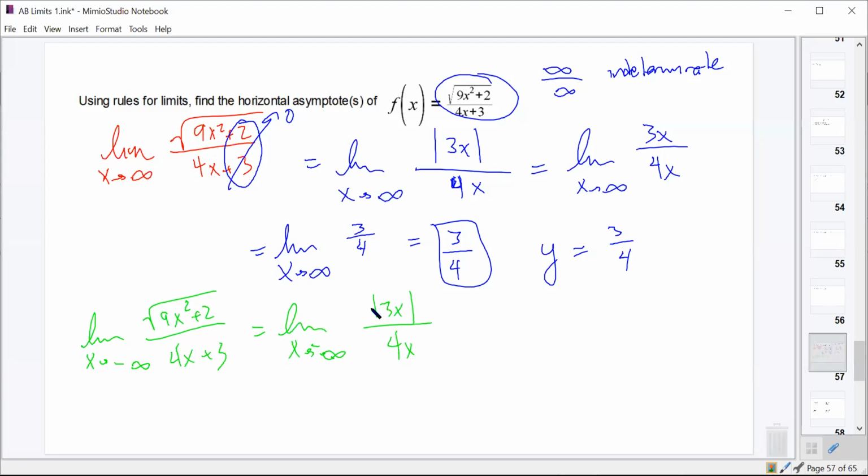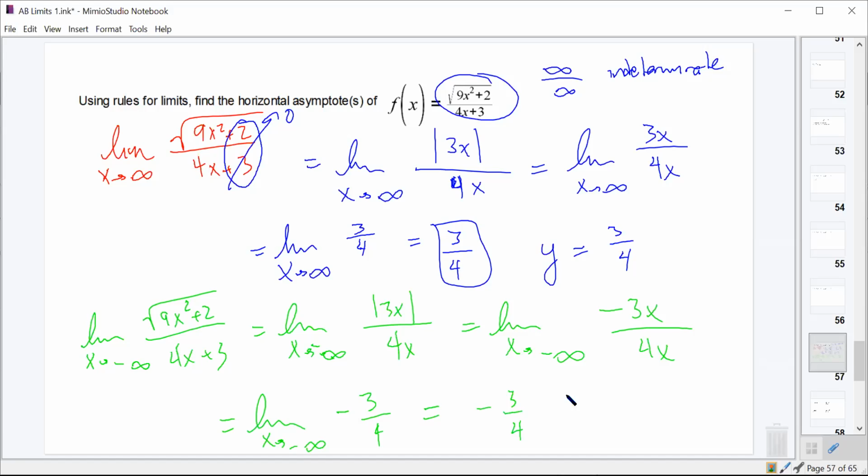Negative. 3x is now negative, which tells me that this, when I take its absolute value, needs to become a negative 3x over 4x. Or a limit as x approaches negative infinity, if we cancel the x's, of negative 3/4, which gives us negative 3/4.